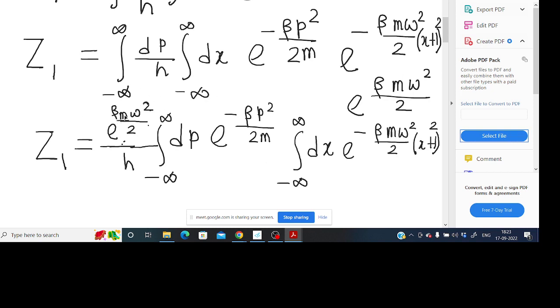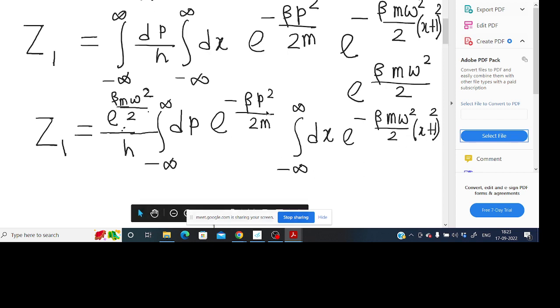So e to the power beta m omega square by 2 is outside this integral, and inside the integral we have dp e to the power minus beta p square by 2m into integral dx e to the power minus beta m omega square by 2 into x plus 1 whole square. Okay, now we have to evaluate these two integrals.